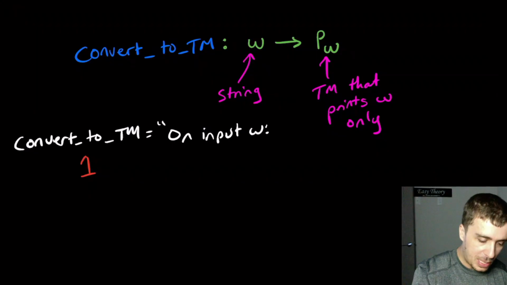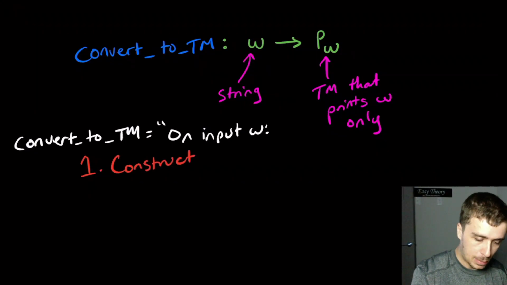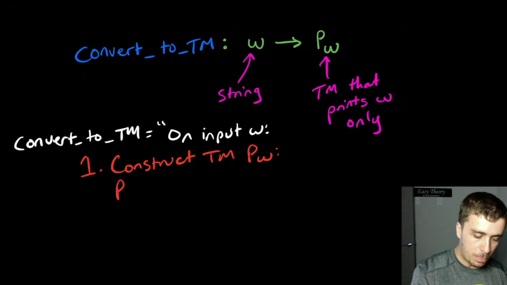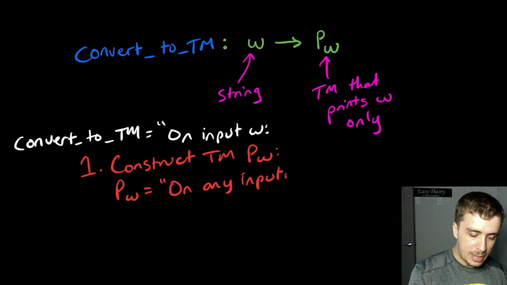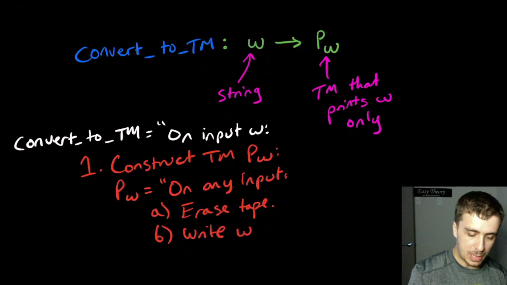So the first step here is to construct a Turing machine called PW. So PW is going to get any input. Then its first stage is to erase the tape, then write W down, and then halt.